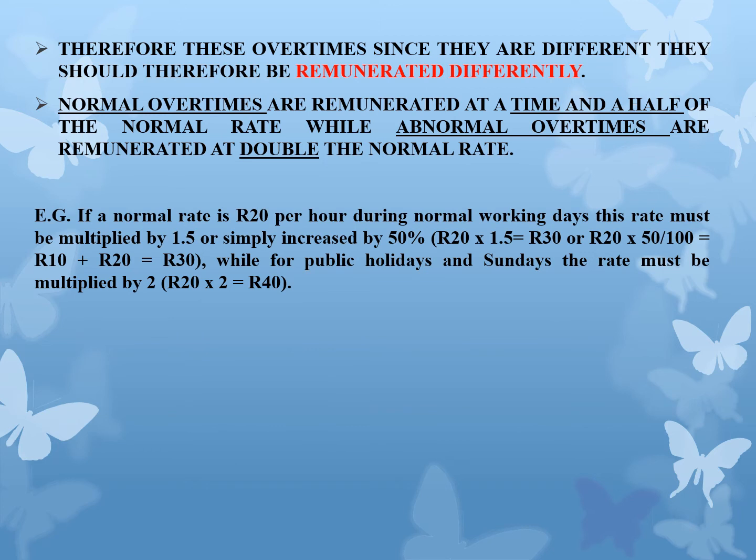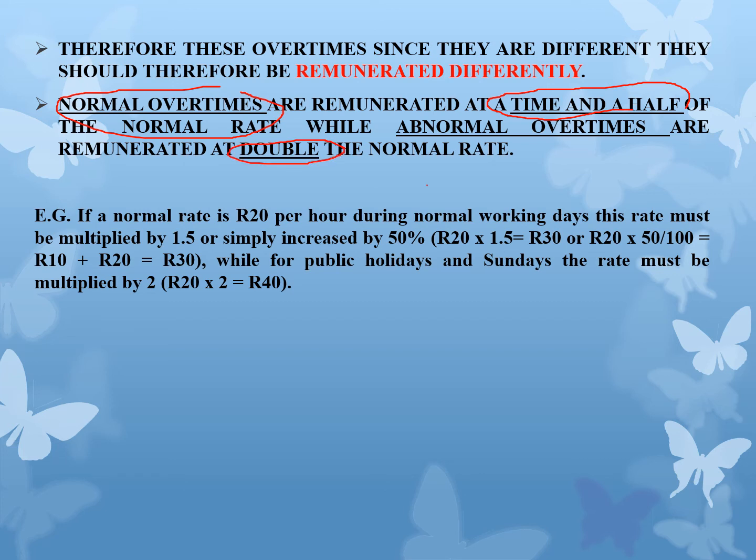Therefore, since these overtimes are different, they should be remunerated differently. Normal overtime is remunerated at time and a half of the normal rate, which means we increase the normal rate by 50%, while on Sundays and public holidays, you get double the normal rate.